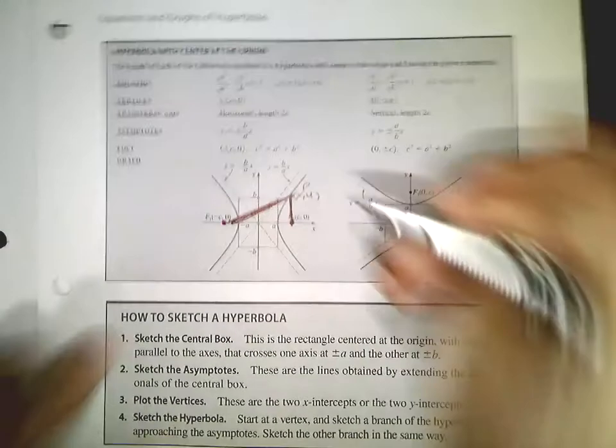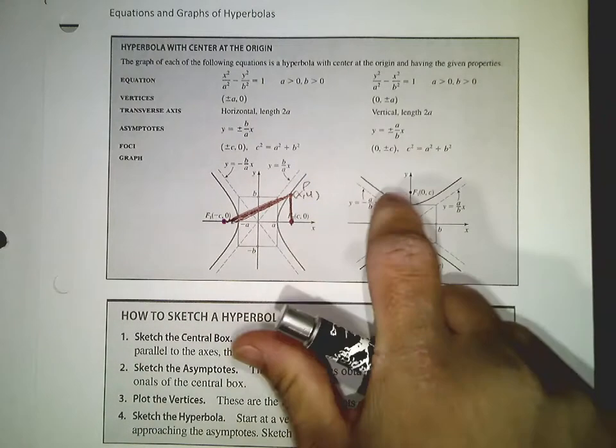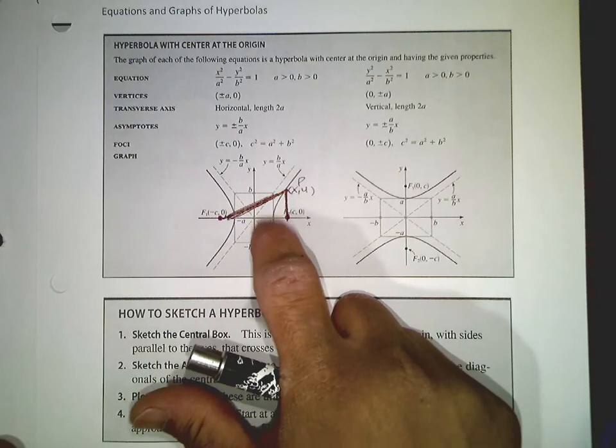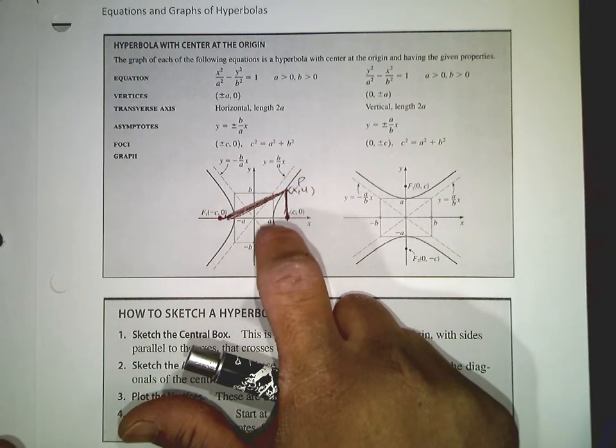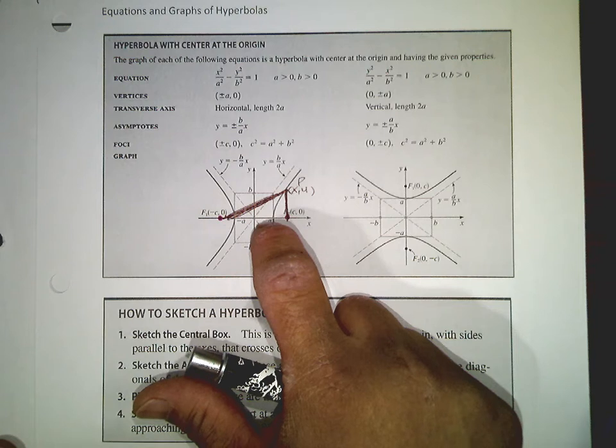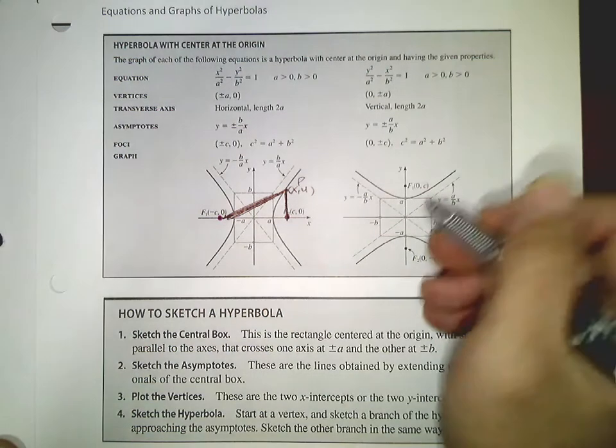So just be aware that the a and the b do have a meaning to them, and where they're located compared to over here.